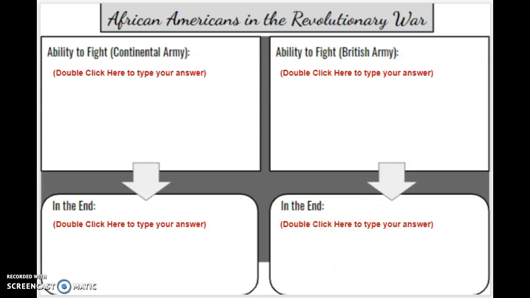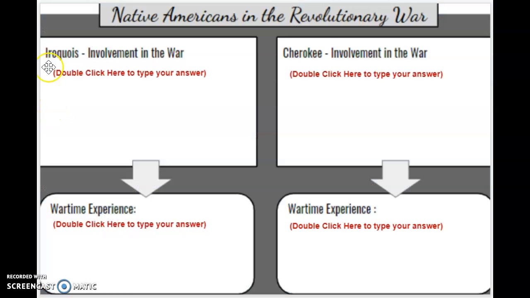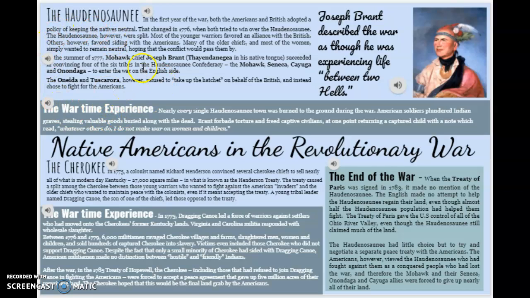Our final group we're going to talk about this week is our Native Americans. Now, we have two sections in this as well, but it's top and bottom. If you look at this, it says Iroquois and it says Cherokee. Our Iroquois is going to be right up here. You're going to listen to your audios up here, and you'll notice this is broken down into two sections.